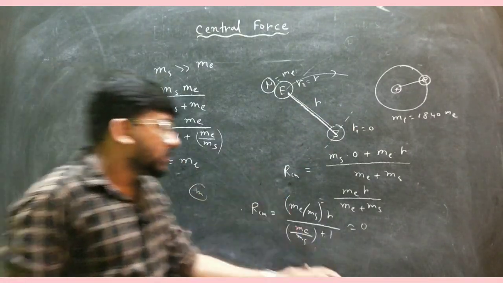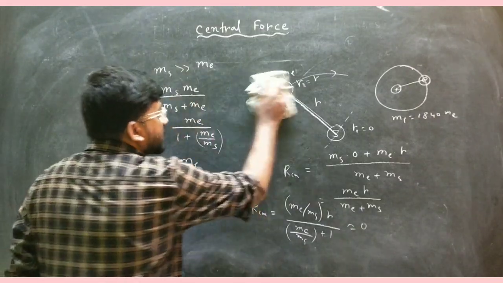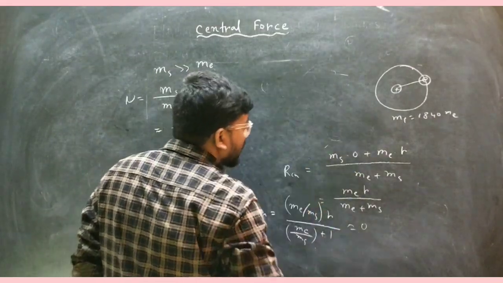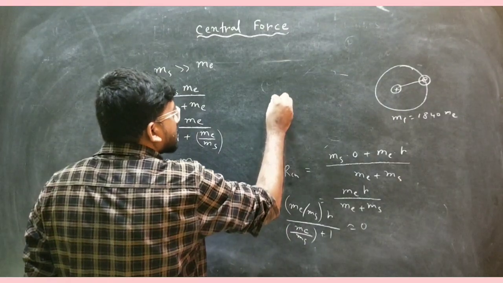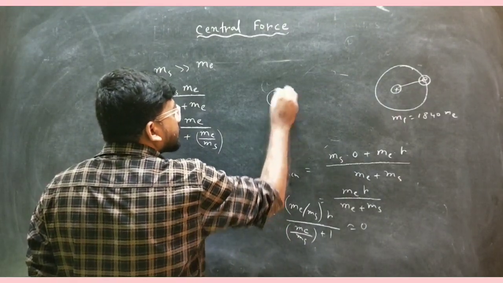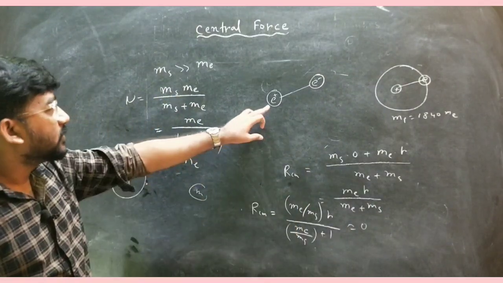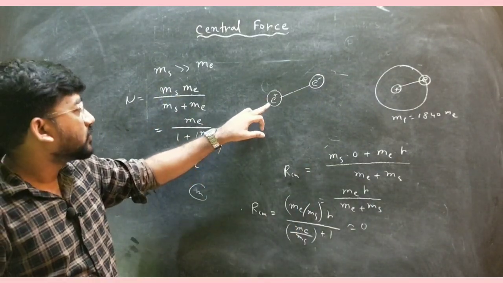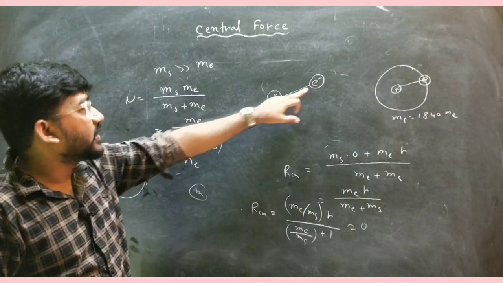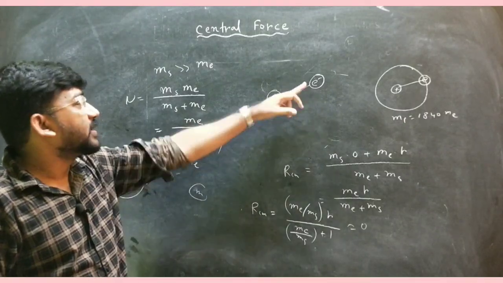But if you talk about the positronium ion, then the scenario will be changed, because in positronium ion what will happen? So here will be just e plus and this is e minus. So here you have the same mass of this positron and electron, because they are antiparticles to each other.